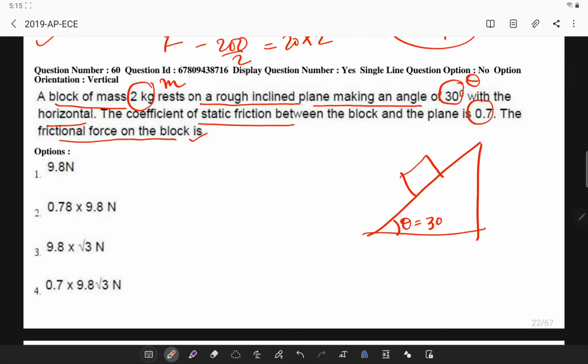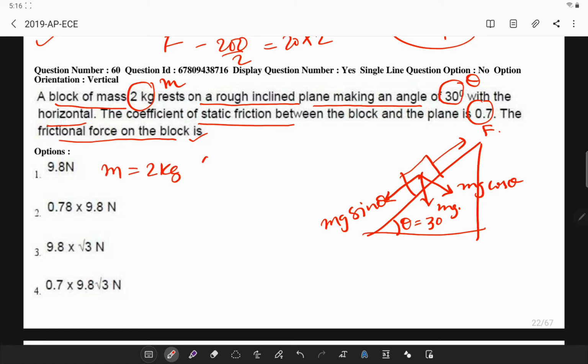So we have a block and the two forces. The weight mg is pulling it down, and the components of force are mg sin theta and mg cos theta, with the force in the opposite direction. So here m is given as 2 kg, theta is 30 degrees, mu is 0.7, or I can simply write F is equal to mg sin theta, which is to be calculated.